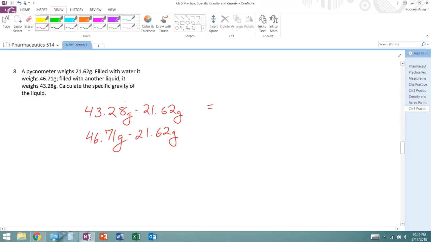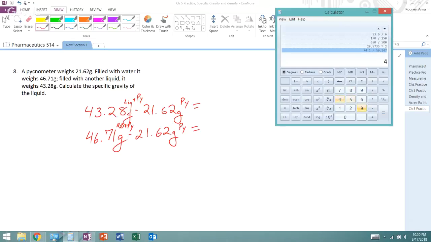Okay, so this is the liquid and pycnometer. This is just the pycnometer. This is also just the pycnometer. This is H2O plus the pycnometer. So we are finding just the weights of these.